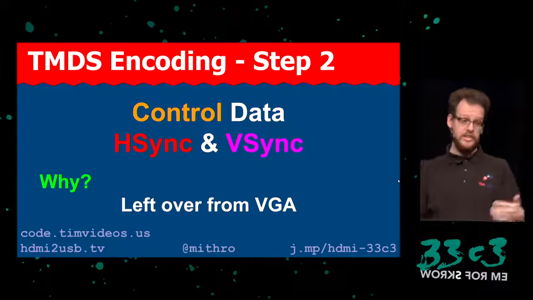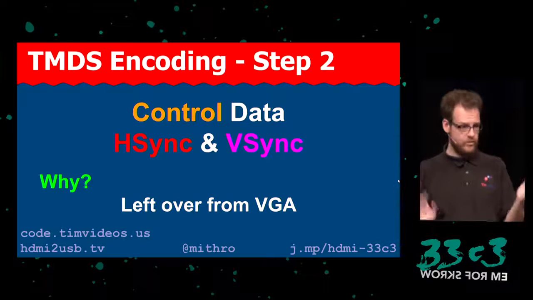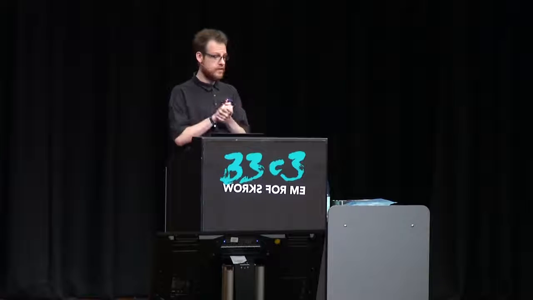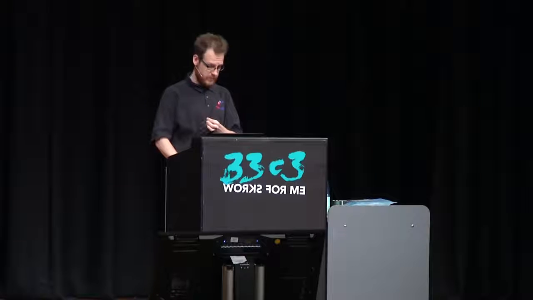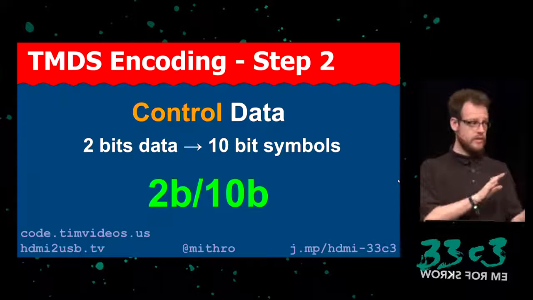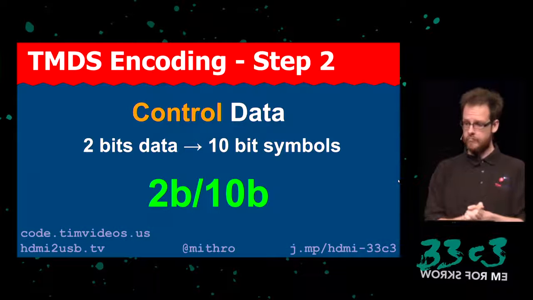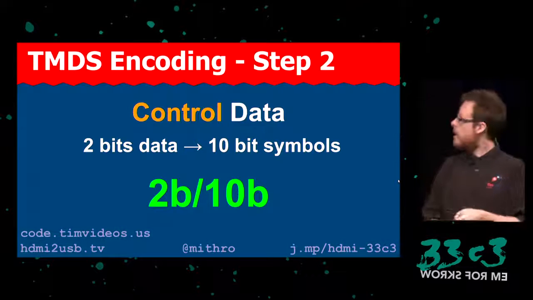We don't actually need them in HDMI or DVI to know where the edges are, because we can tell the difference between control and pixel data, but they kind of still exist because of backwards compatibility. This means that we have 2 bits of data that we need to convert to 10 bits of data, so it's a 2B, 10B scheme.